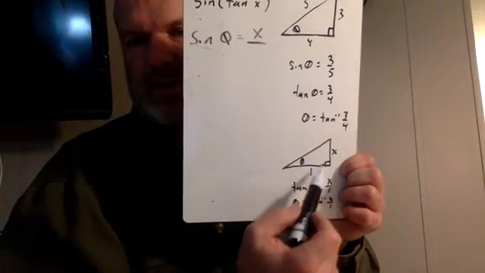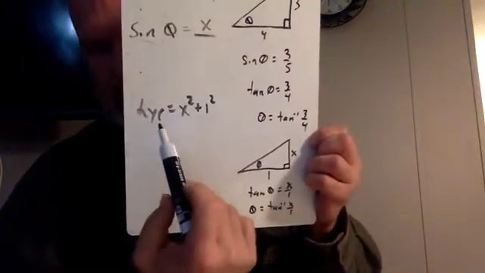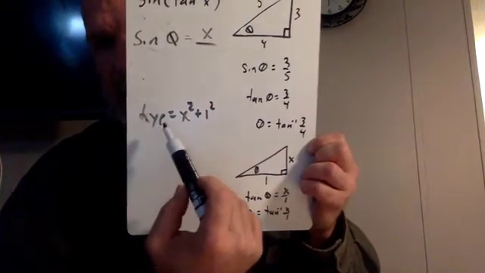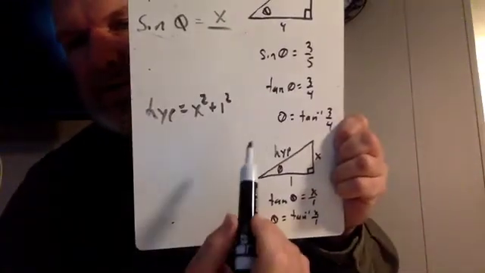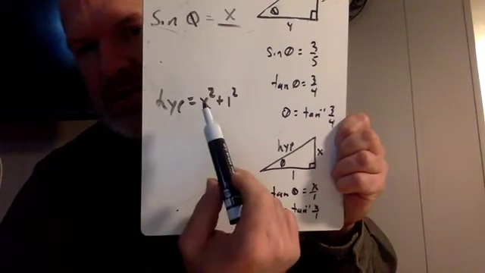We got to square both these sides and add them together, so that's hypotenuse is going to be equal to x squared plus 1 squared. I could just say that's c, you know, the old a squared plus b squared equals c squared. But I called this side here hyp for hypotenuse. So the hypotenuse is equal to x squared plus 1 squared. 1 squared is just 1. So it's equal to x squared plus 1.